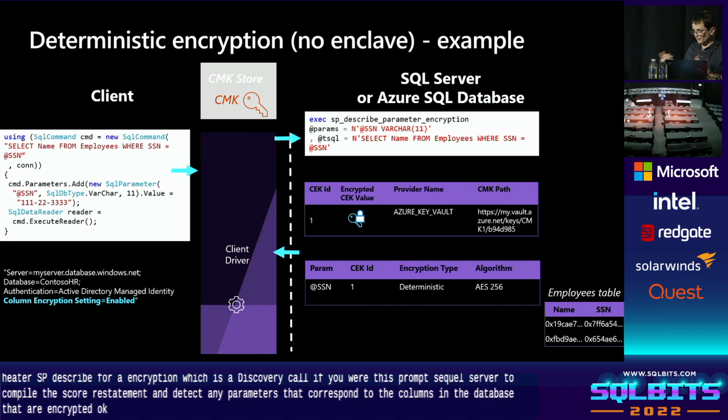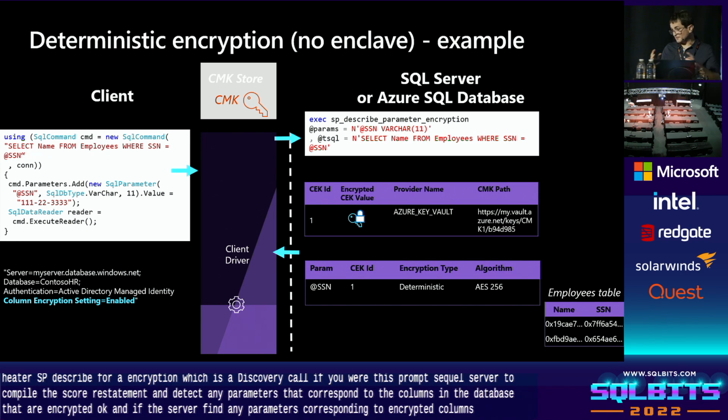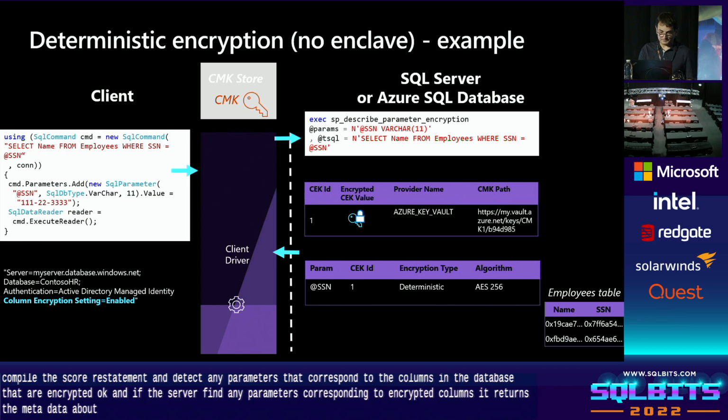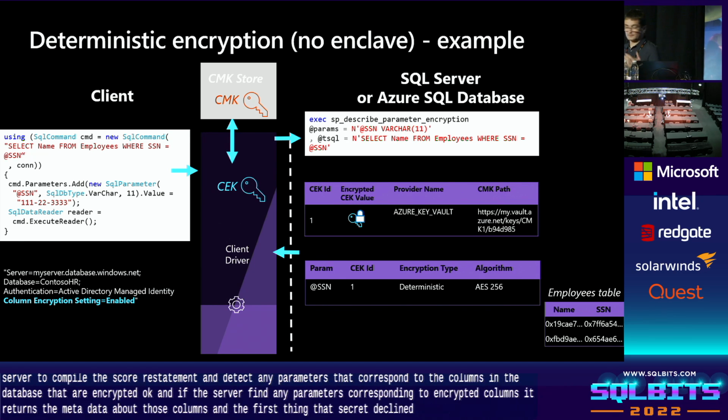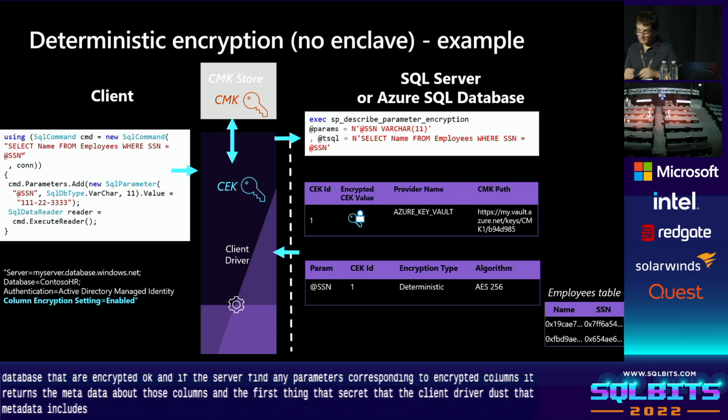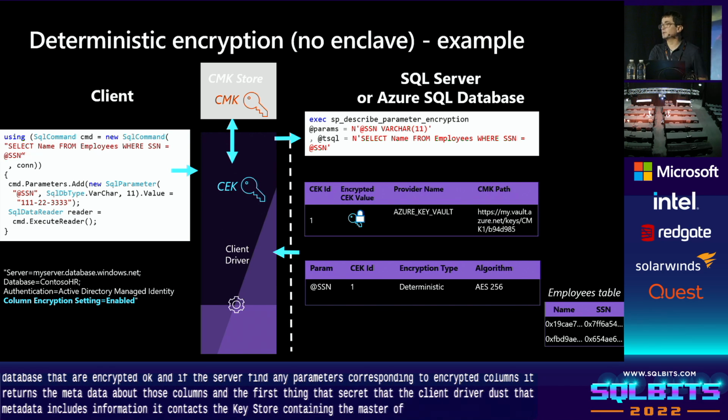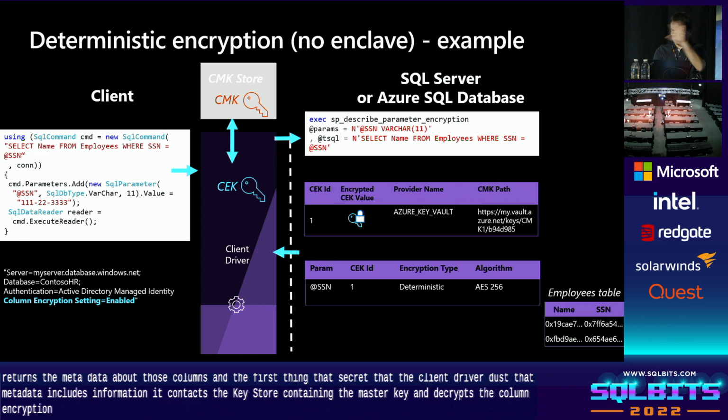And if the server finds any such parameters, it returns the metadata about those columns. That metadata includes key information, so the client driver contacts the key store containing the master key and decrypts the column encryption key, right? So now it has access to the column encryption key.